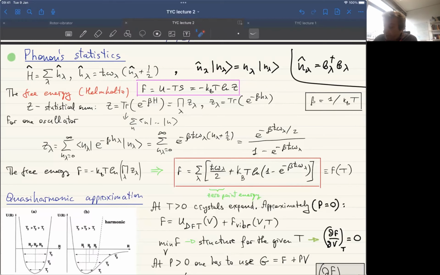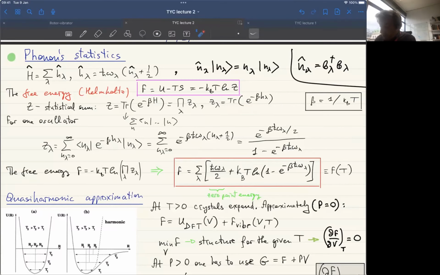And because our Hamiltonian is the sum of the Hamiltonians associated with each harmonic oscillator, and the harmonic oscillators are independent, that exponential operator becomes a product of exponential operators associated with each single oscillator, and the partition sum becomes a product of partition sums over all normal modes, and this is the partition sum due to a single harmonic oscillator, and that can be easily calculated.